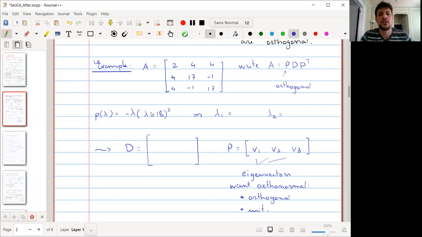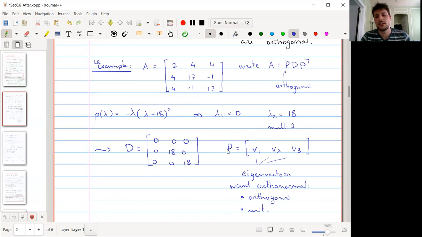So to get there, we can compute the eigenvalues, and you see that the eigenvalues are 0 and 18. 18 has multiplicity 2 from the characteristic polynomial. Knowing the eigenvalues already tells us that the diagonal matrix that A will be similar to is a matrix that has exactly the eigenvalues repeated with multiplicities on the main diagonal.